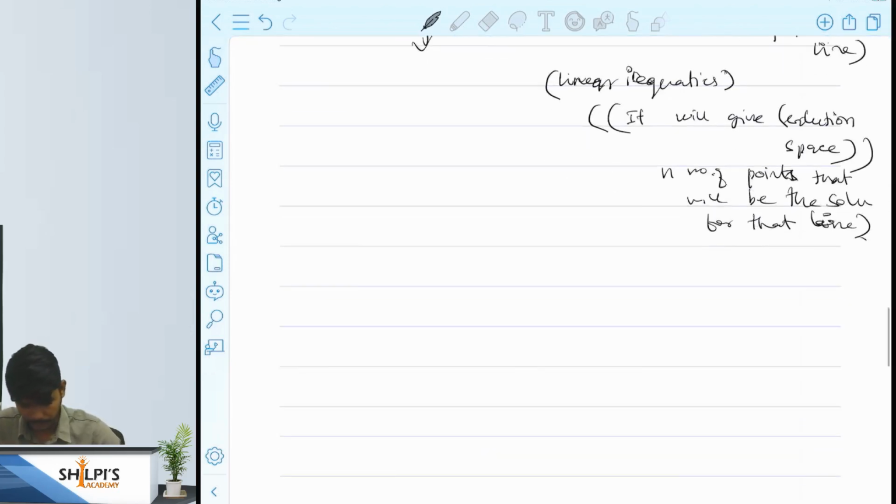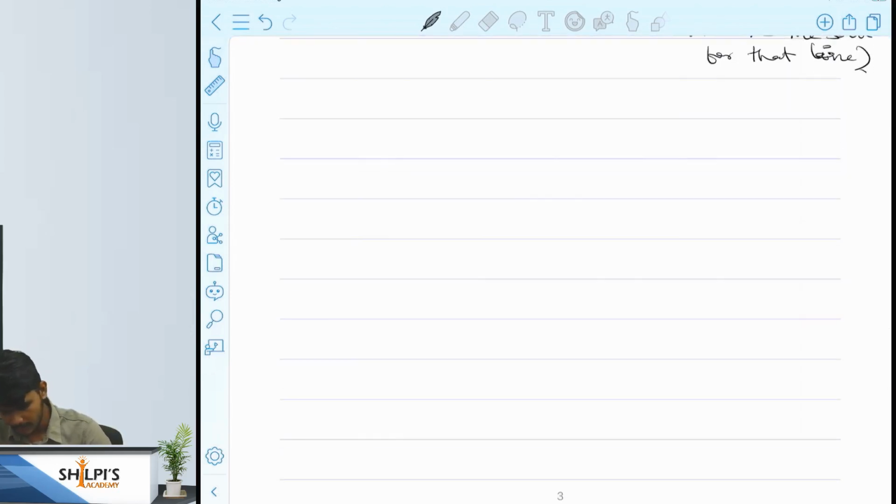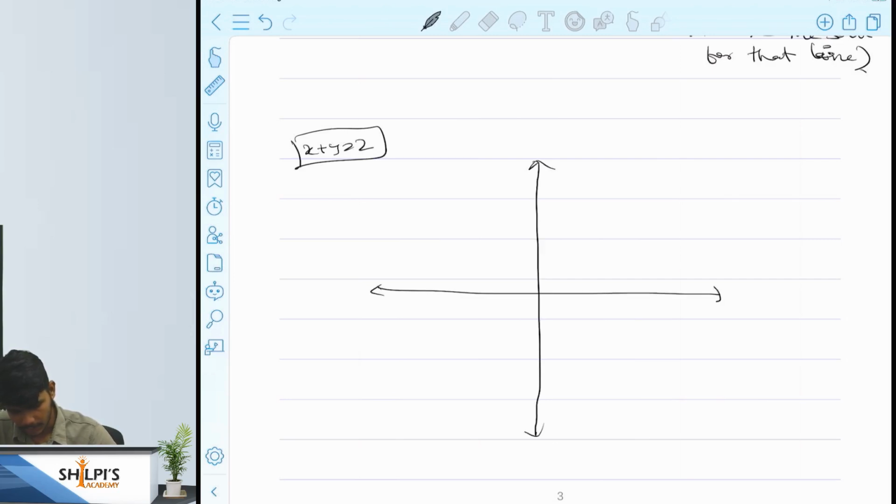Example, we have this equation x plus y equal to 2. For this, the graph will pass through 0 comma 2 and 2 comma 0.